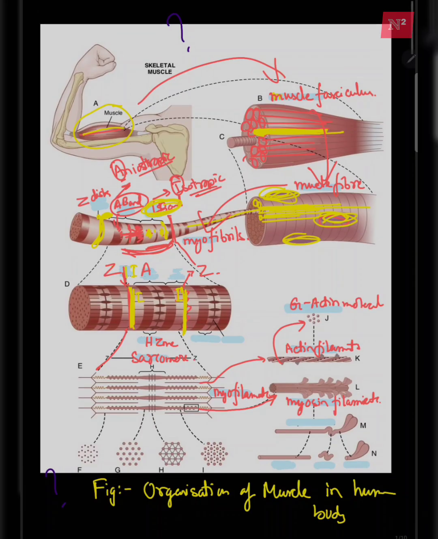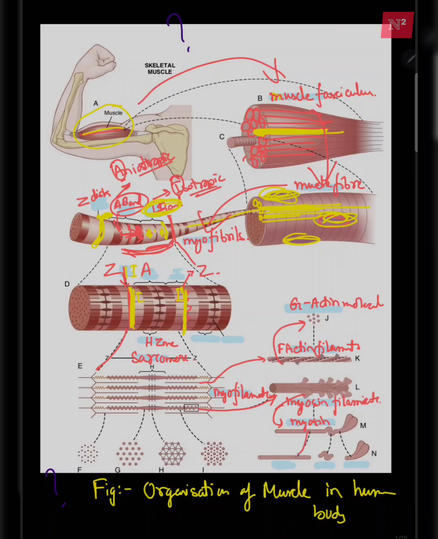And this strand is called the F actin molecule. Now if you go much deeper and take out one hockey stick filament, this is called a myosin molecule, MYOSIN.